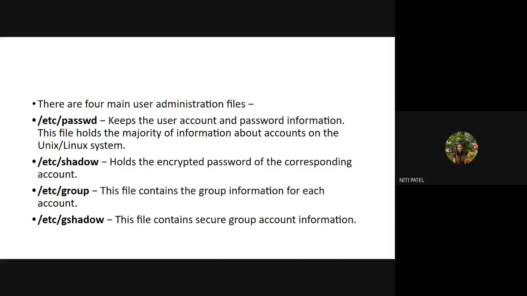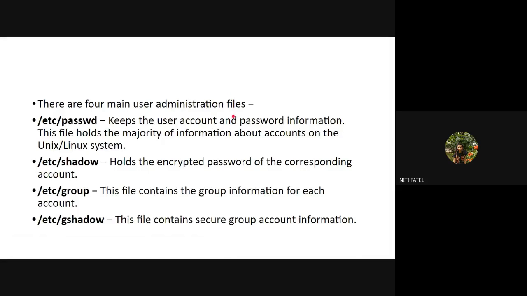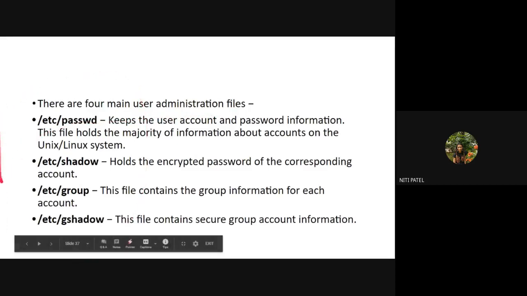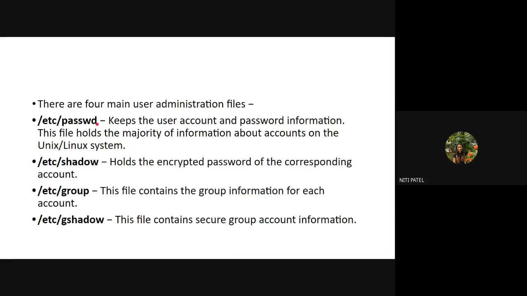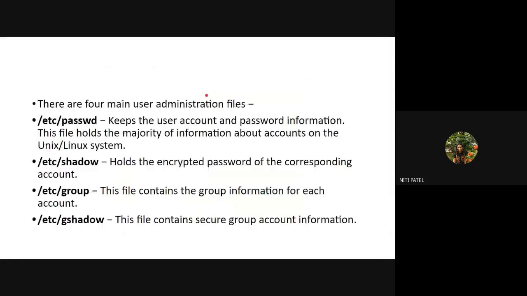Clear? Now there are 4 main user administration files, which means what? You create any users, n number of users, all those users will have these 4 files inside the system. The first file is /etc/passwd. That means it is storing all the password information that you have given over here, inside this file, which is there inside etc. The same information of a password is stored in an encrypted format, but in which file?